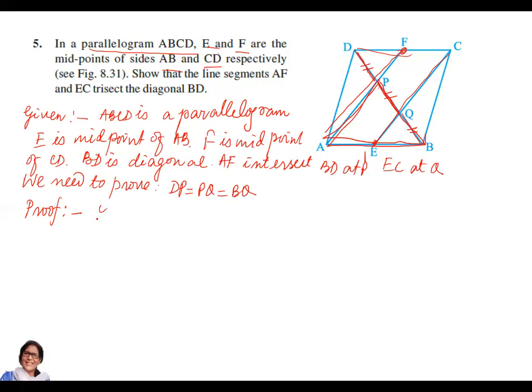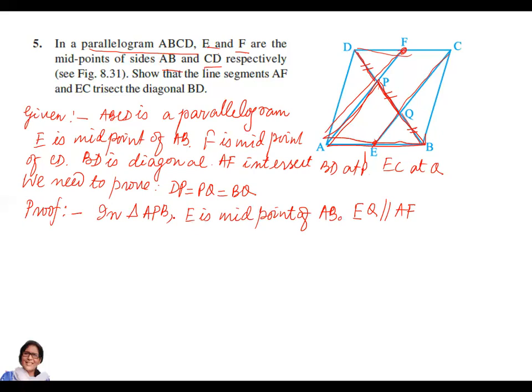In triangle APB, E is midpoint of AB, and EQ is parallel to AF. Why is it parallel?